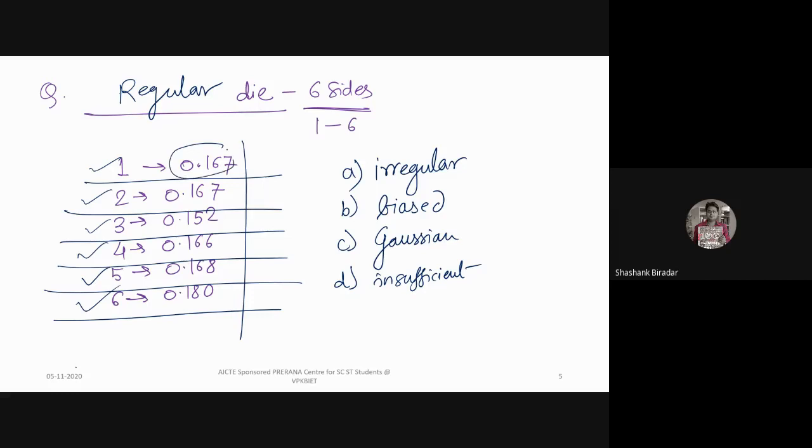So all the parameters here would have the same value if it is unbiased. But here we can observe that all the values are different. That is why this particular die is a biased one. So the correct answer for this is biased. Right?